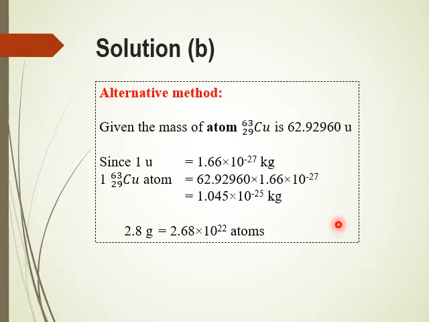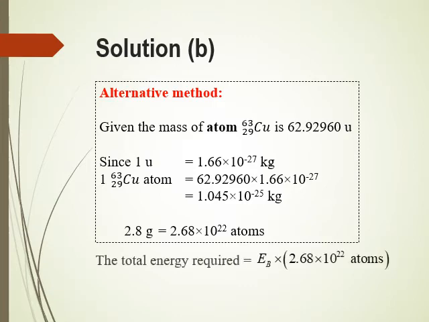So make sure you don't get confused between 1 atom, 1 mole of copper atoms, and 1 gram of copper atoms. So now that you have the number of atoms in the copper coin, you can calculate the total energy by using EB times the total number of atoms, which is equal to 1.48 times 10 to the power of 25 MeV.